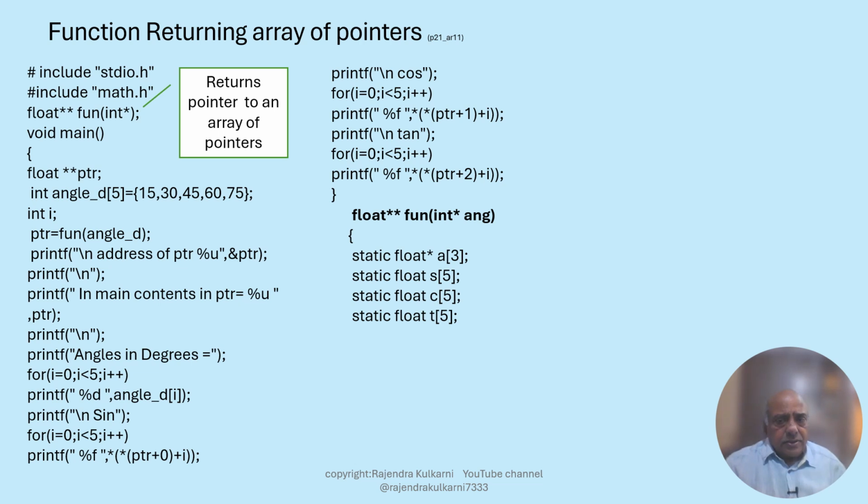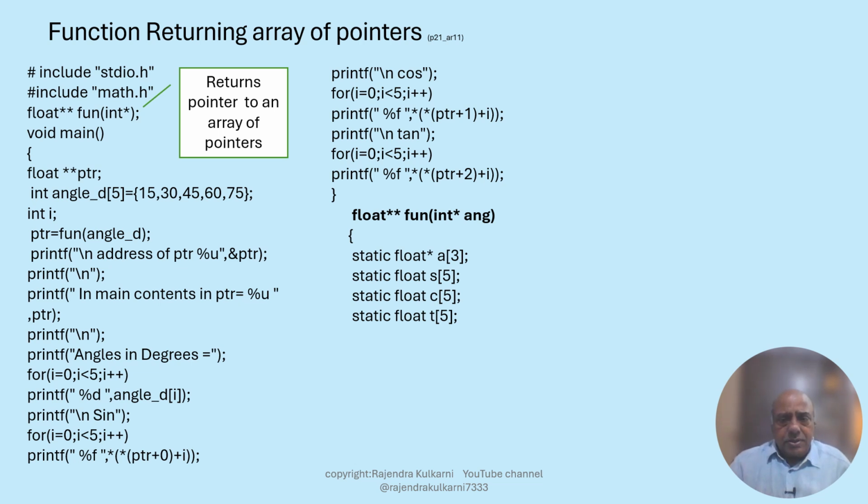Why static? Because these arrays will contain a lot of values that have been created by the function fun. These values we want back in main, but when the function returns, the normal variables, all general variables, will die.